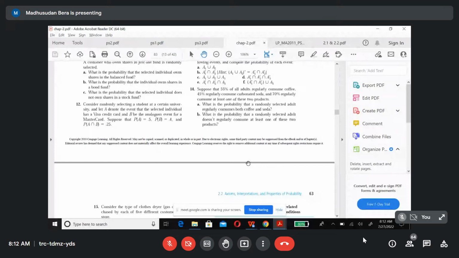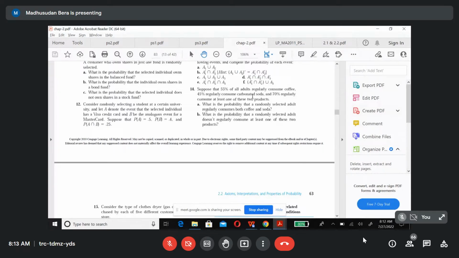Suppose that 55% of all adults regularly consume coffee, 45% regularly consume carbonated soda, and 70% regularly consume at least one of these two products.